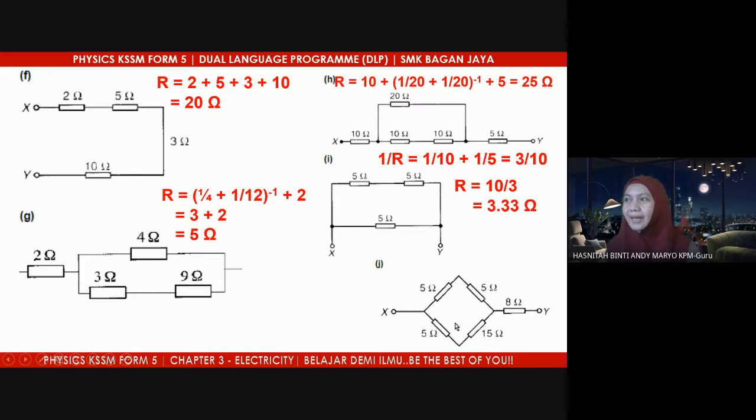So these 10 and 20 are in parallel, sebab junction dia ada di sini. This is the junction. So total up there is 10, below here is 20. So we have 10 and 20 in parallel and then in series with this 8 ohm resistor. So this is how we read a combination circuit. Now find the effective resistance in between point X and point Y for question J.